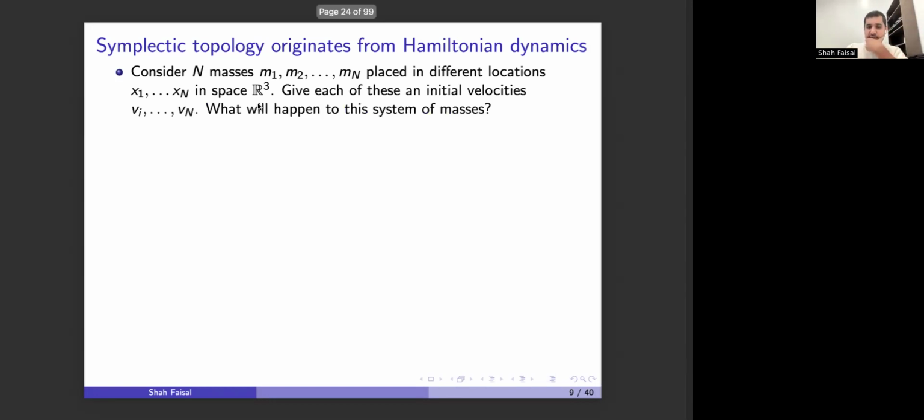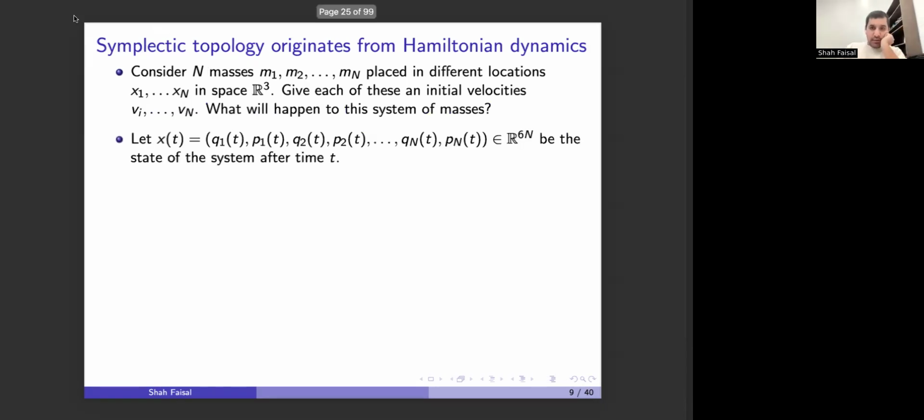And the question we ask is, if we give them initial velocities v1 to vn, then what happens to this system of masses? This is the classical n-body problem. There are different formulations of this problem, and I will discuss only one here.